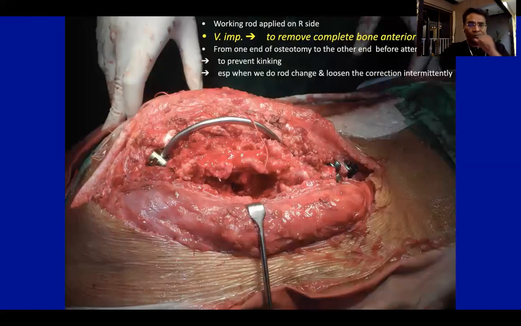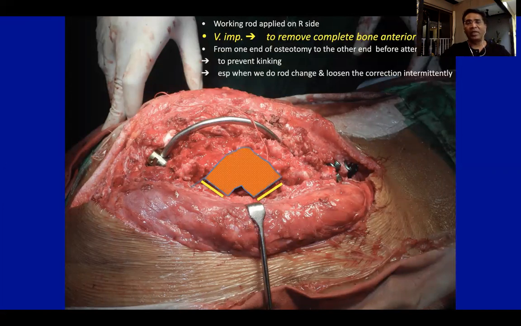Now, one thing I wanted to tell is these are the ends of the bodies, and that was the internal gibbus. The cord was tented like this. Once you remove the internal gibbus, the cord falls free. But if you don't remove this particular ridge of the bone, then the cord might get tented again at the ends.